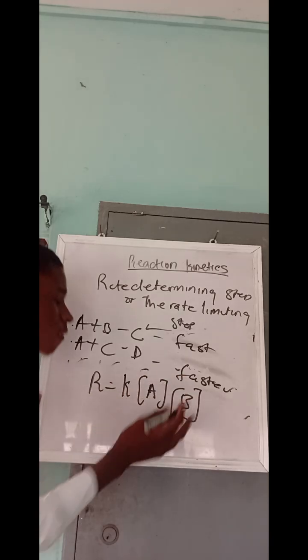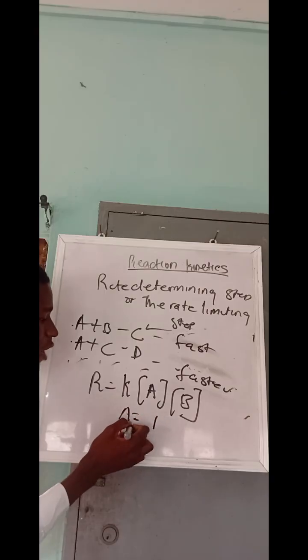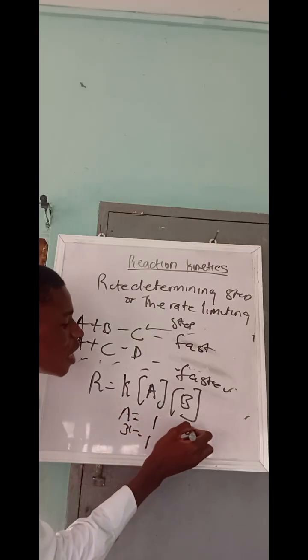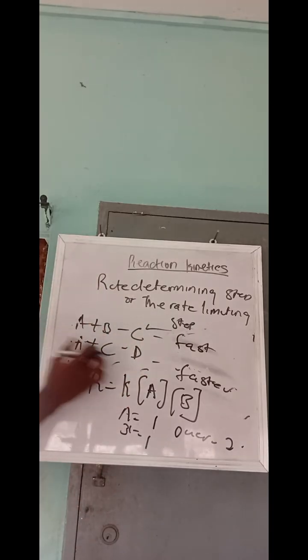If I look for the order, the order of A is equal to 1, the order of B is equal to 1, then the overall order is equal to 2. So automatically this reaction is second order. That's what we call the rate determining step.